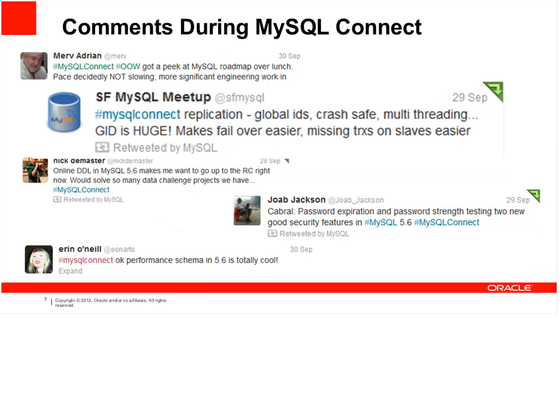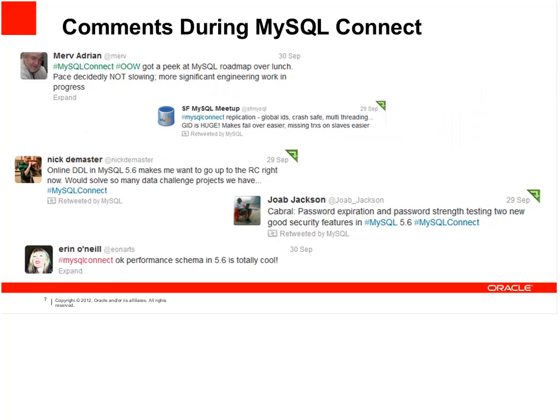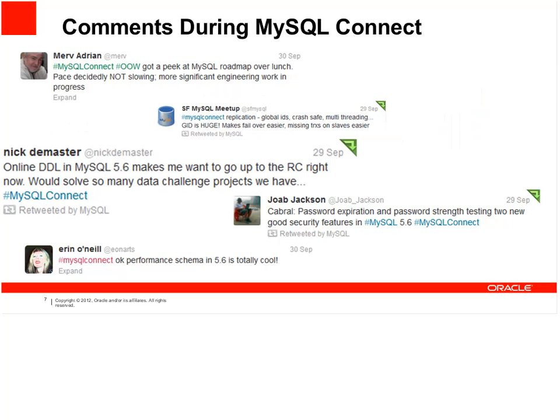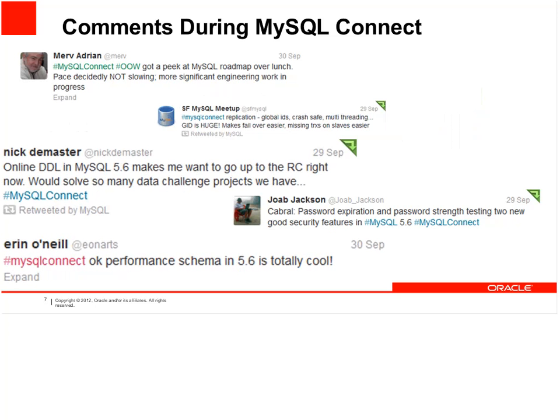So one is: replication, global IDs, crash safe, multi-threading, GTID is huge, makes failover easy, missing transactions on slaves easier. The next one is: online DDL in MySQL makes me want to go up to the RC right now. And then finally: performance schema in 5.6 is totally cool. And we're going to talk about why those features are cool and what they mean.